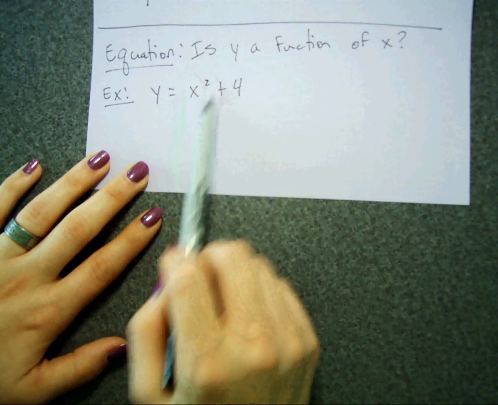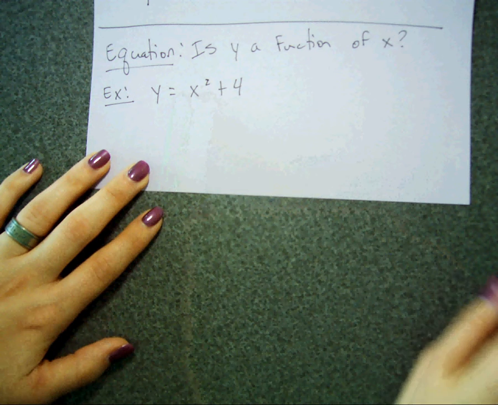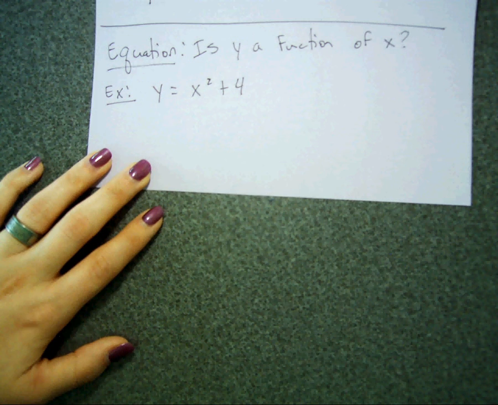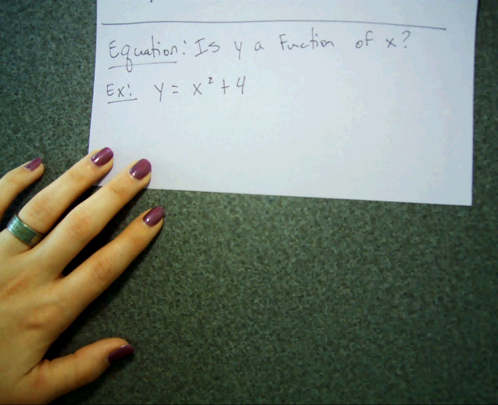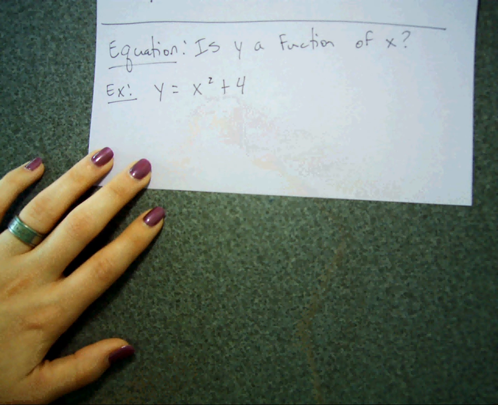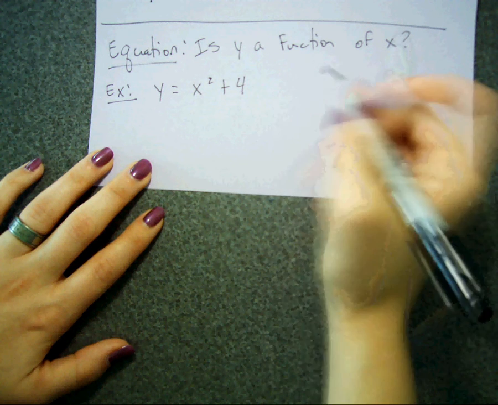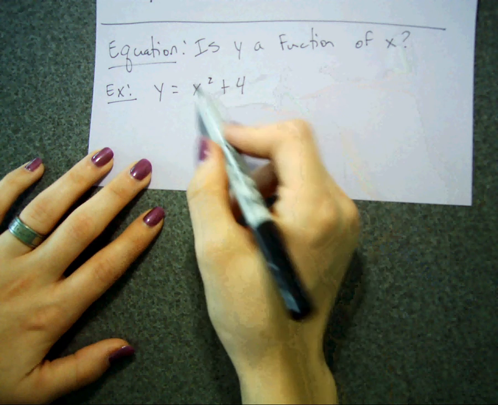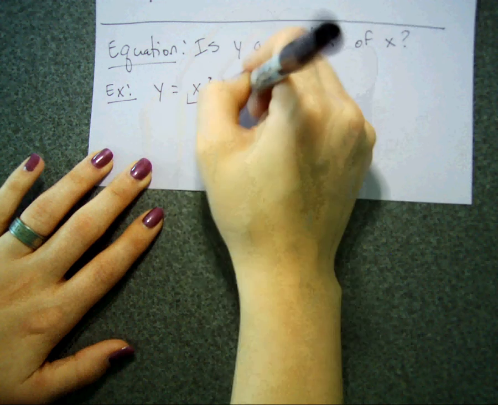Just one, right? 7 squared gives me 49. Not negative 49, not some other random number. I simply get one number back. And if I add 4 to it, again, I only get one number back, right? So it kind of seems silly and simple. If my y value is all by itself, then it should generally be fairly simple to figure out how many values I am getting back. If I plug in x, I only get one value for y, so this is a function.